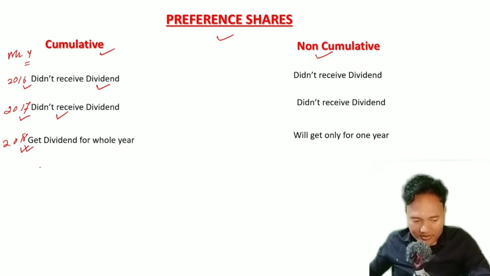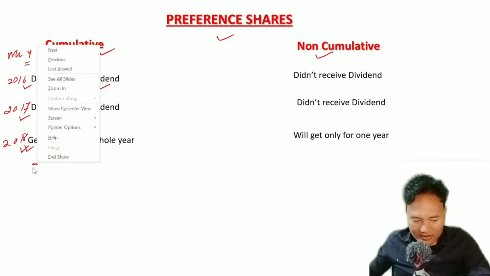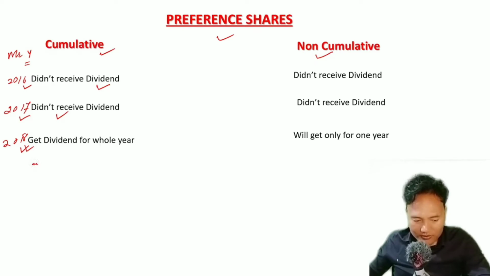It means Mr. Y will receive a dividend for 2016 plus 2017 plus 2018. It means Mr. Y will accumulate all the arrears of dividend he was supposed to receive in 2016, 17 and 18. So this is the right of preference shareholders in case of cumulative preference shares.